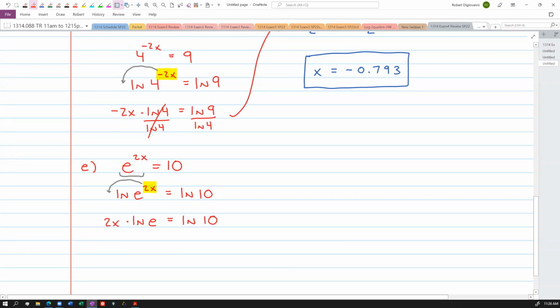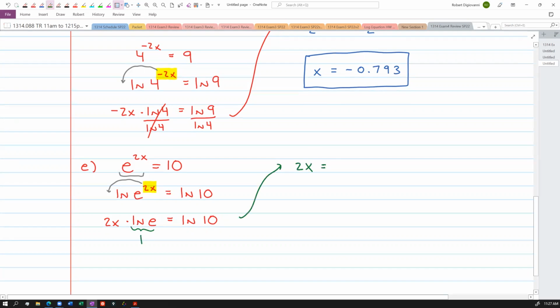There's a couple of ways to go about this. The easy way is to realize what natural log of e is, because I told you all in class that's very special. Whenever you see natural log of e, what is it? 1. Now, if you try it on your calculator, you should get 1 as well, but I'm going to just use the fact that this turns into a 1, which means the left side is just 2x.